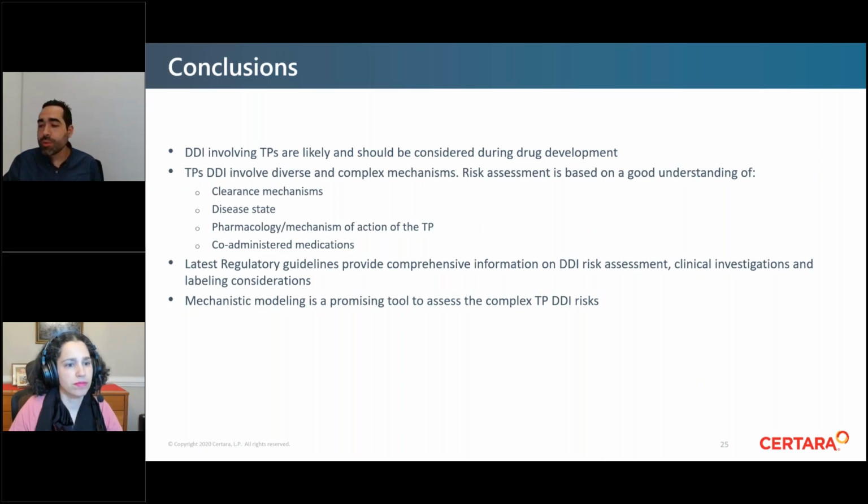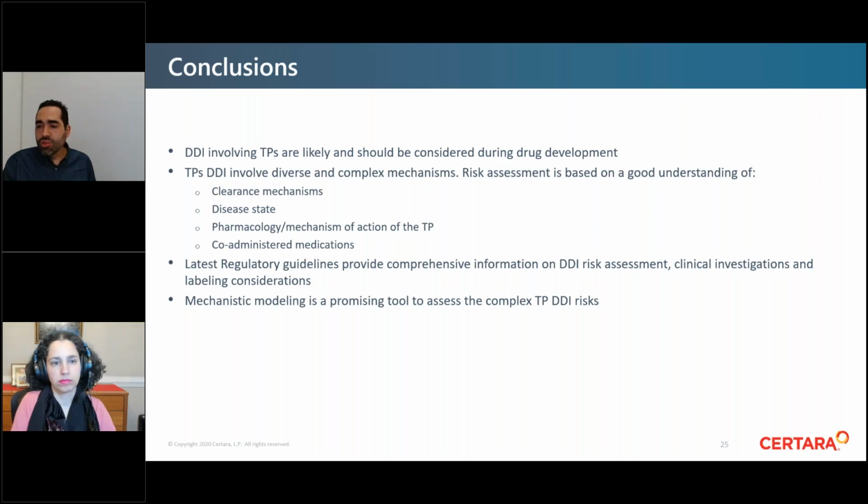This is something very important and needed. You need to consider for all these combinations if there is any chance or risk that you will see drug-drug interactions. The second step is to evaluate if this risk is really important for the patients. Is it impacting the safety? Is it impacting the efficacy? And then you need to figure out if a clinical study is needed or not. So this would depend on the situation. It will be case by case.